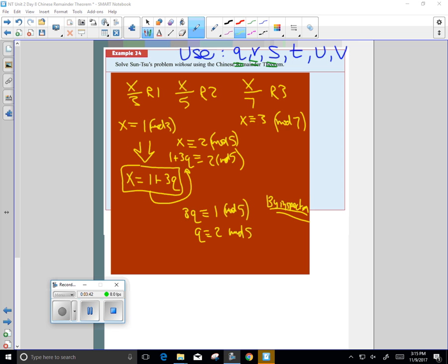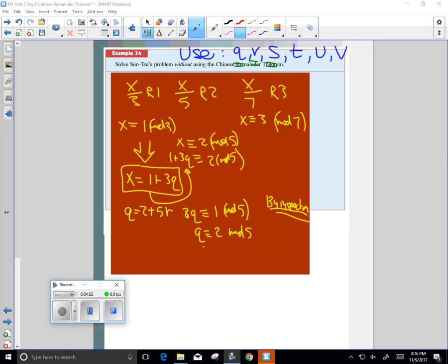So now Q is equal to 2 plus 5R, where R is an element of the integers. So we've got that going for us.